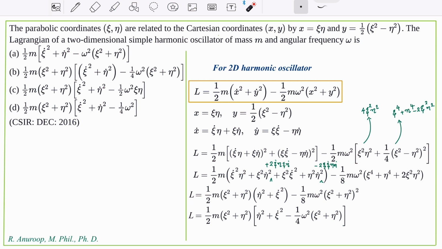Now let us expand the first term, the kinetic energy term, that is half m.